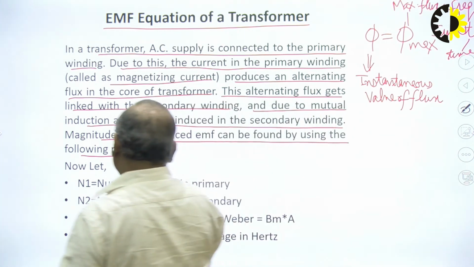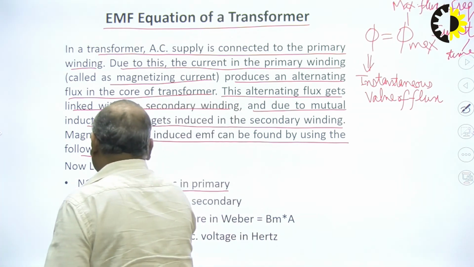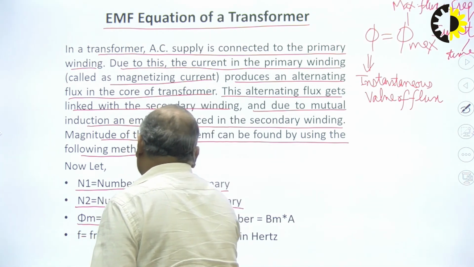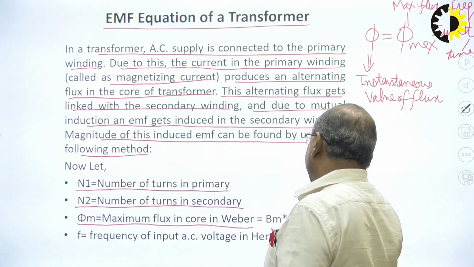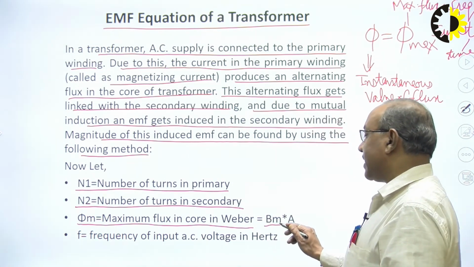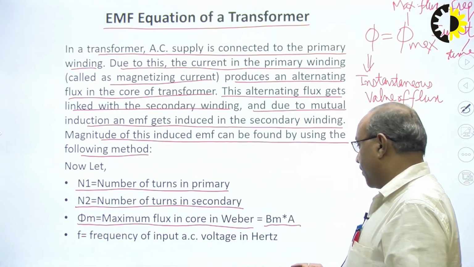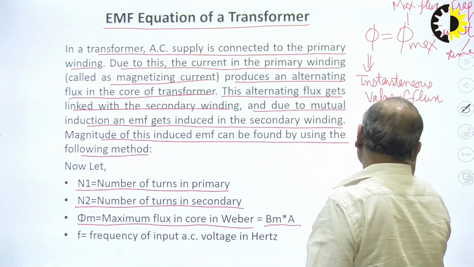Assuming that N1 is the number of turns in the primary, N2 is the number of turns in the secondary, phi m is the maximum value of the flux in the core in Weber, and this is given by Bm into A. Bm means maximum value of flux density, basically B max, and A is the area of the core.